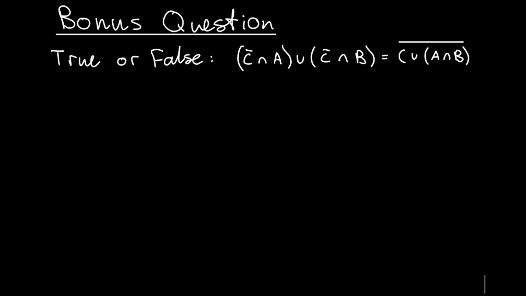So here's a bonus question, a true or false, and we're trying to identify whether this side is equal to this side. So let's first look at this side and see what we can figure out.